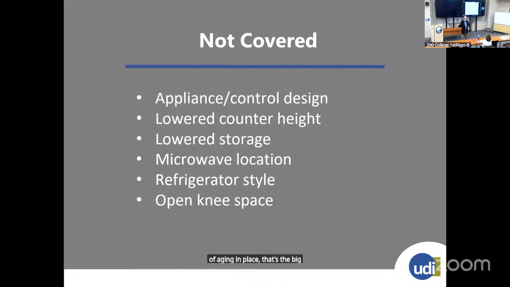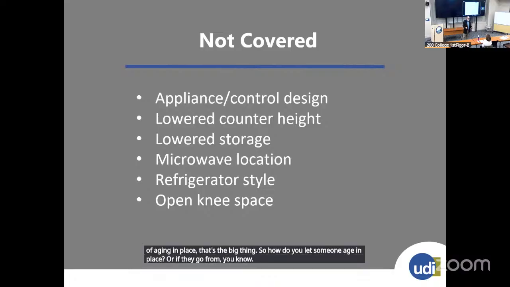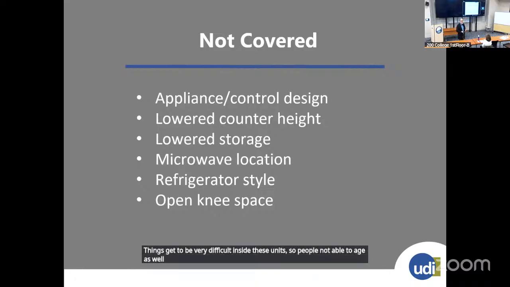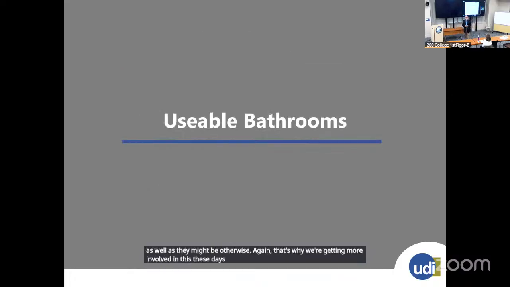So how do you let someone age in place? Or if they go from being able to be ambulatory to using one piece of equipment to using another, as soon as you get into the walker phase, things get to be very difficult inside these units. So people are not able to age as well as they might be otherwise. Again, that's why we're getting more involved in this these days than we have before.